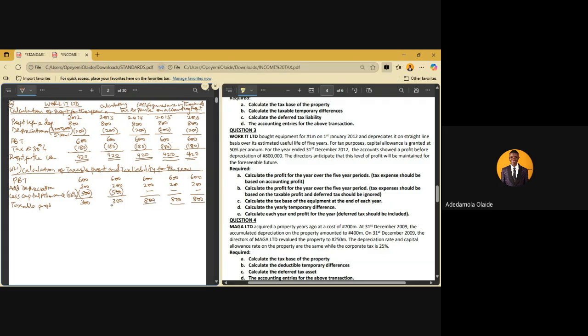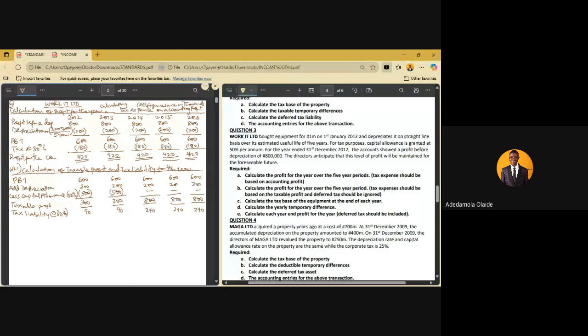And the tax liability at 30% will be what? 90, here it will be 90, here it will be 240, 240 and 240.